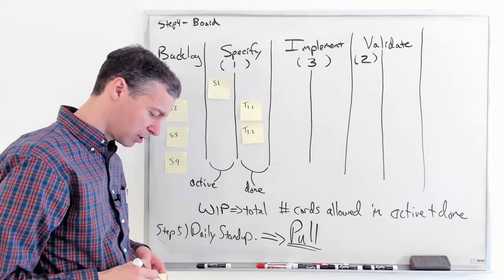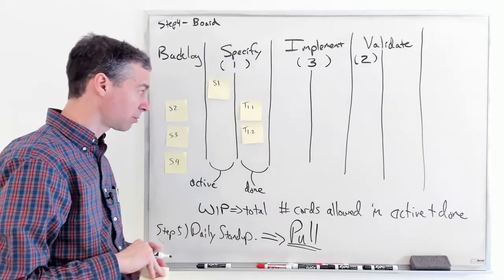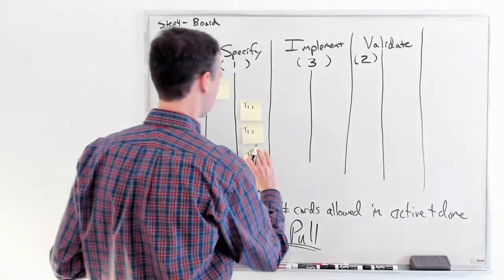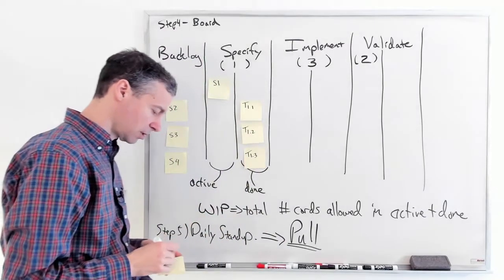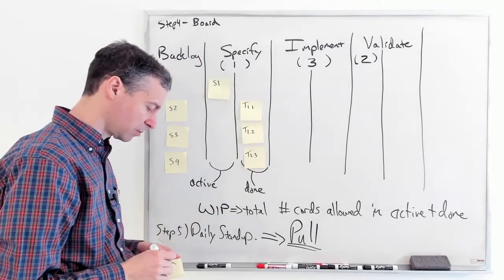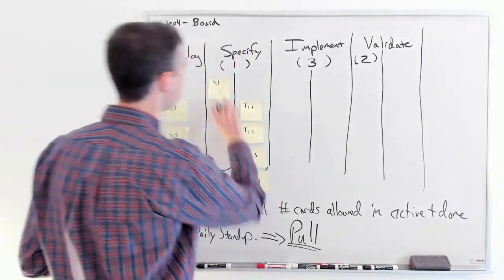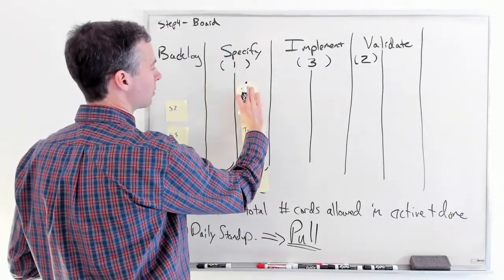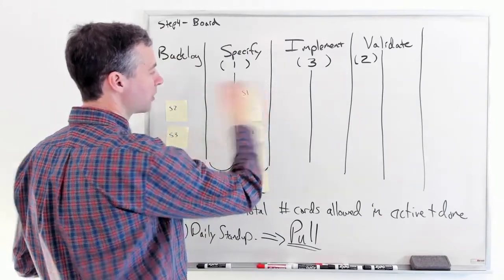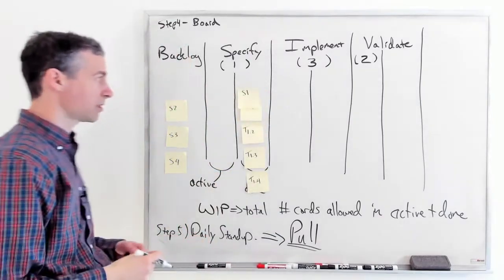It's not a small story at all. 1.3, and just to be complete, we'll make four of these tasks here. Basically the story moves along with it when it's been specified.